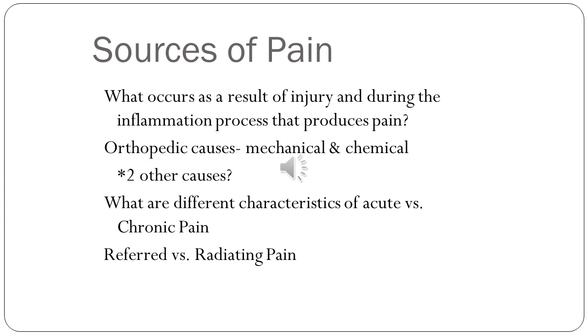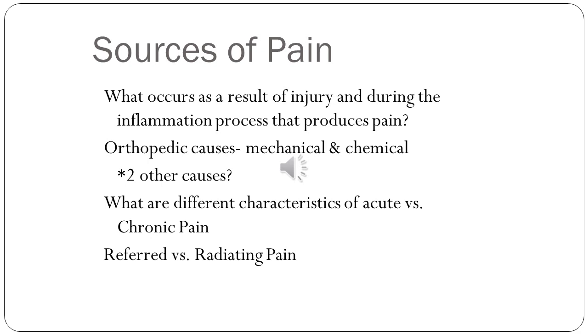Also, the chemicals of inflammation, particularly bradykinin, is one of the chemicals that gets released that causes stimulation of the nociceptor or the pain nerve endings. When we look at orthopedic causes, primarily our orthopedic causes of pain are chemical or mechanical and chemical. Mechanical being the actual trauma to tissue, chemical being the chemicals that get released once that happens.